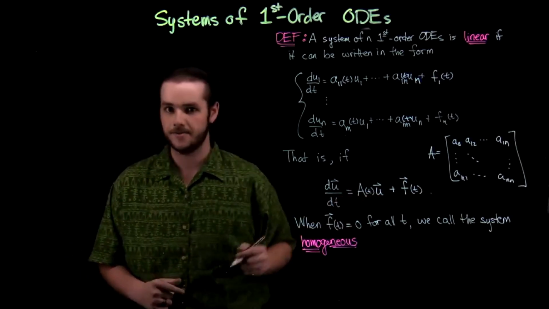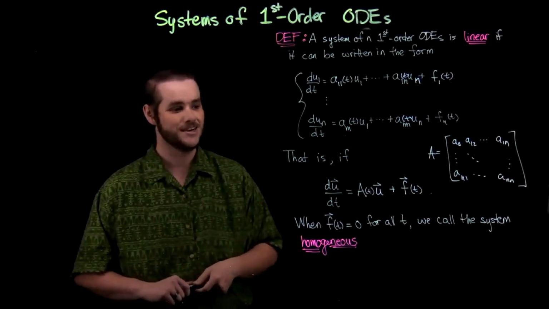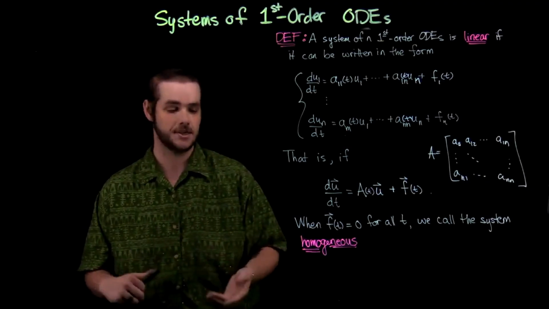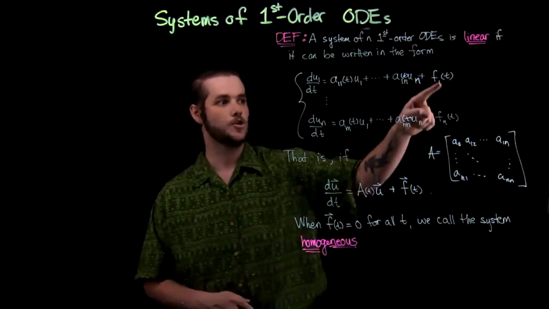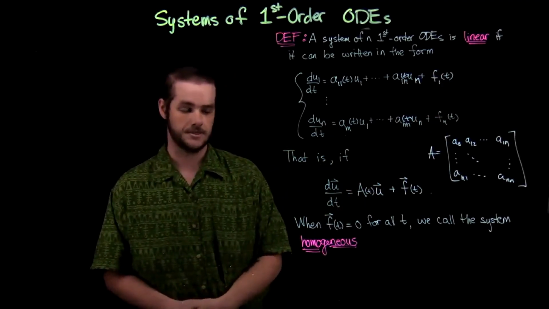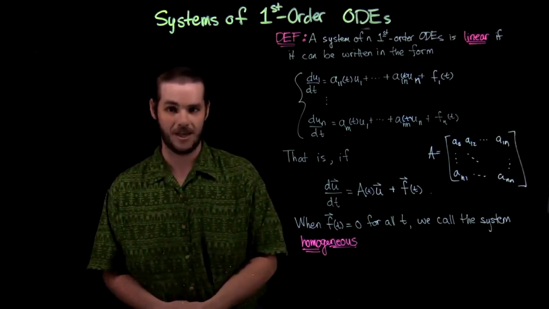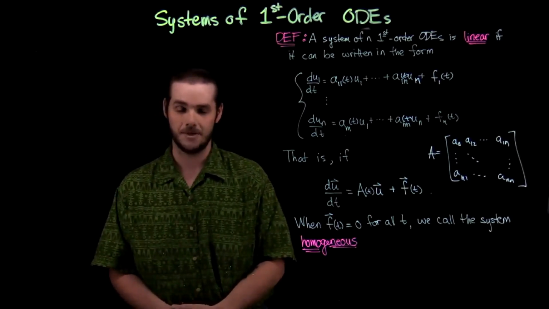Writing it this way makes it a lot easier to write down the definition of homogeneous, because if vector f is 0 everywhere, that means every single one of the scalar f's is 0 everywhere. That means every individual equation is homogeneous, so the full system is homogeneous.